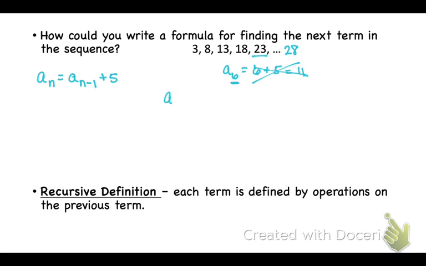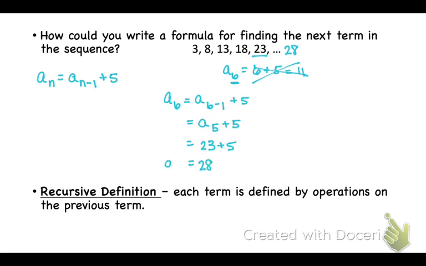So A sub 6 equals A sub 6 minus 1, plus 5. Well, 6 minus 1 is 5, so what is A sub 5? 23. So 23 plus 5 gives me 28.